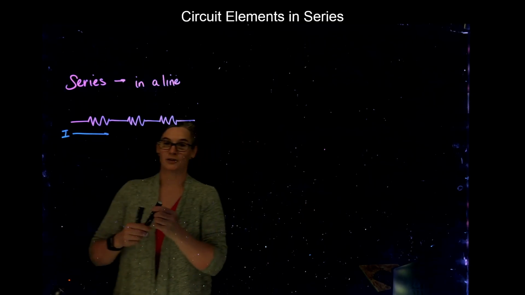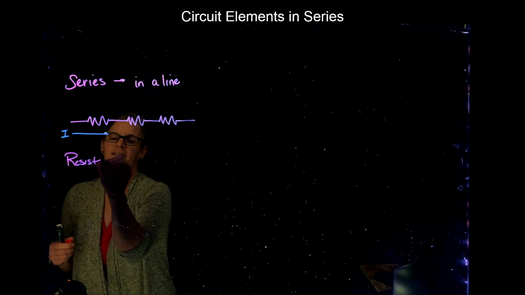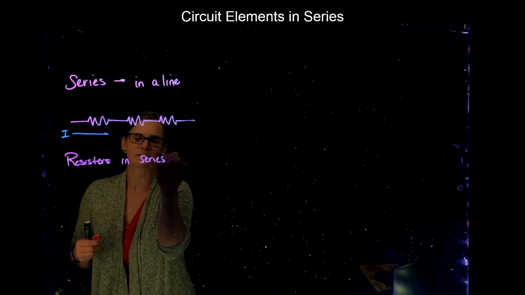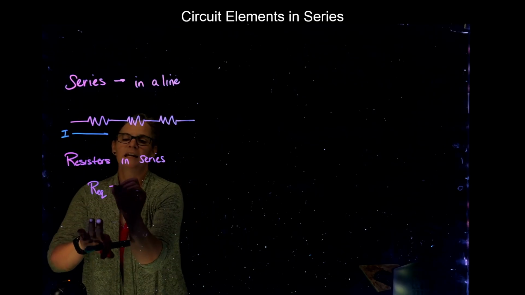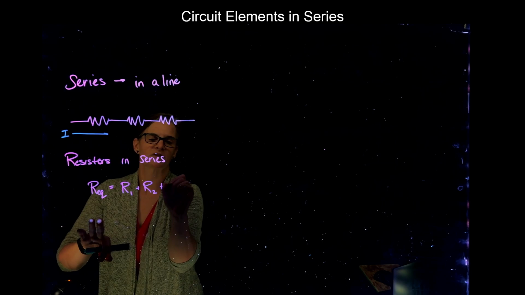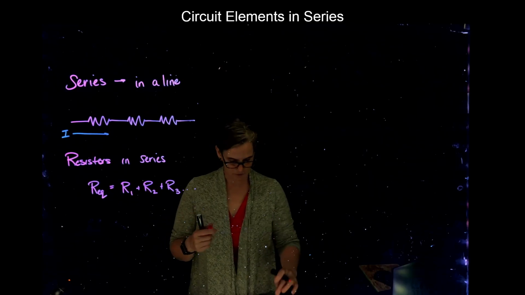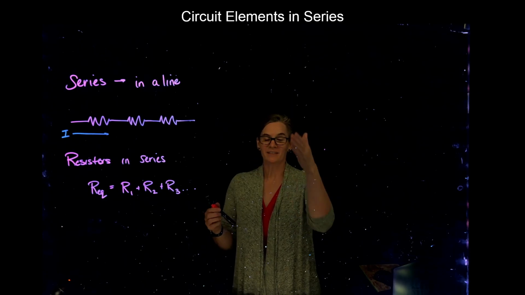For resistors in series, the equivalent resistance, which we're going to call R equivalent, is simply the sum of the resistors in that line, as if multiple resistors in the line were all combined into one.